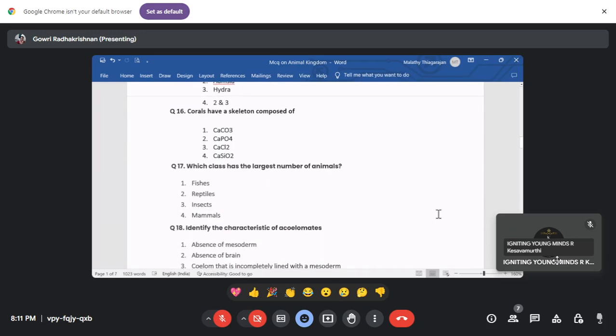Next question, number 6. Corals have a skeleton composed of? Calcium carbonate, ma'am. Yes, CaCO3. Yes, correct.